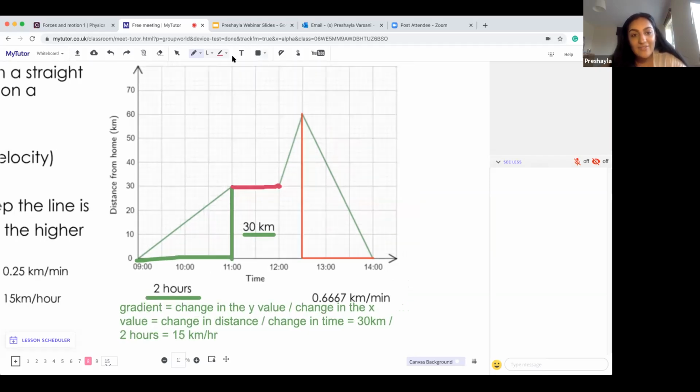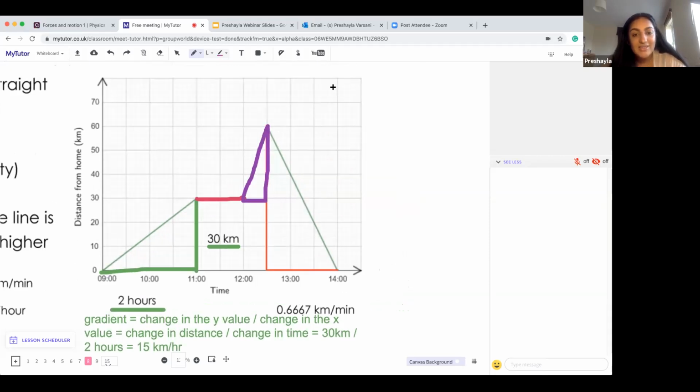Then we have the next section of the line, which is this purple bit here. And again, we can find the gradient of the line. So it's the change in the y divided by the change in the x. Here, the change in the y is 30 kilometers. And the change in the x is 12 to 12:30, so 30 minutes.